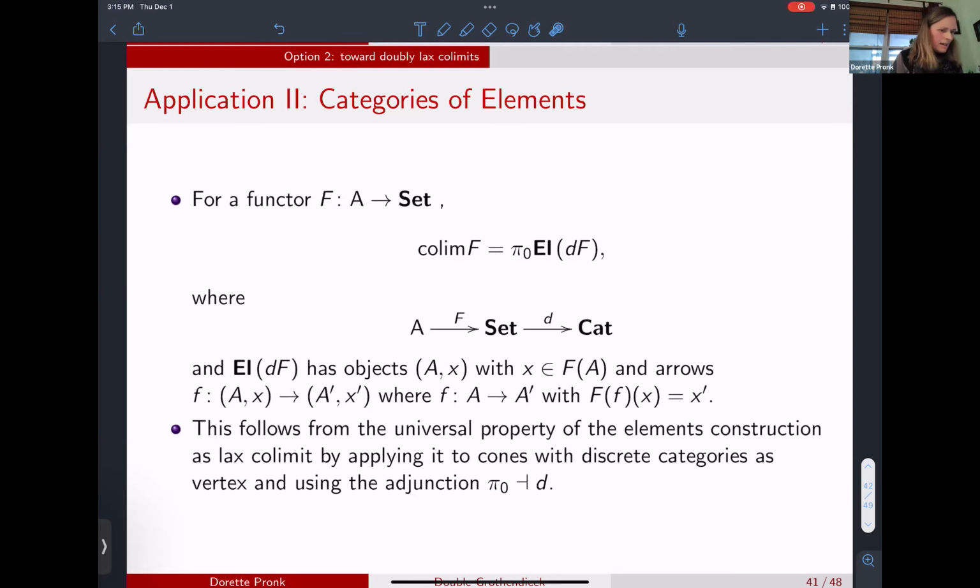And this is actually an exercise that I tend to give to my category theory students at the end of the semester. So it follows from the universal property of the elements construction as lax colimit, by applying it to cones with discrete categories and using the adjunction.